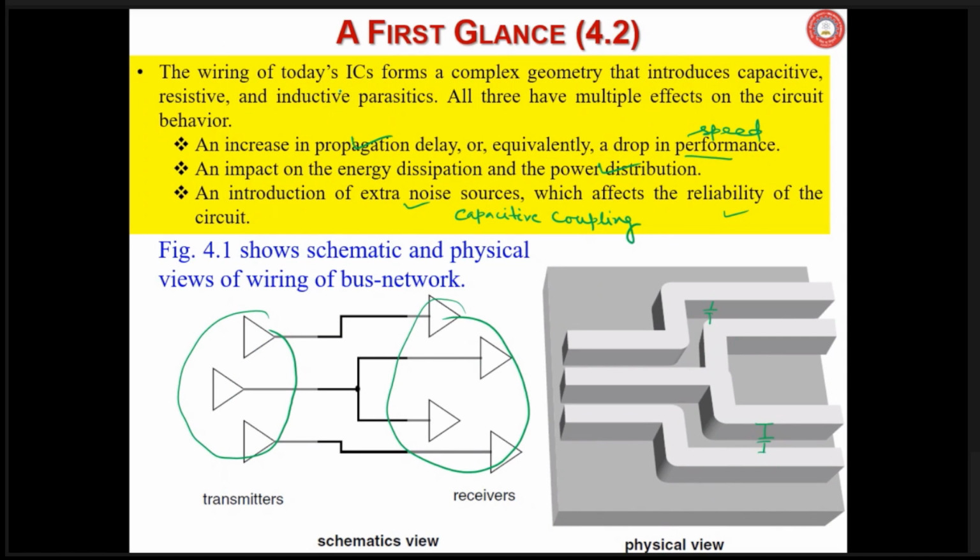The wiring of today's ICs forms a complex geometry that introduces capacitive, resistive, and inductive parasitics. All three have multiple effects on circuit behavior, like an increase in propagation delay or, equivalently, a drop in speed or performance, and an impact on the energy dissipation.